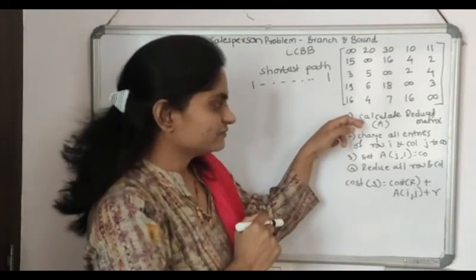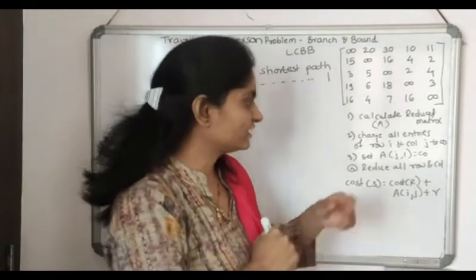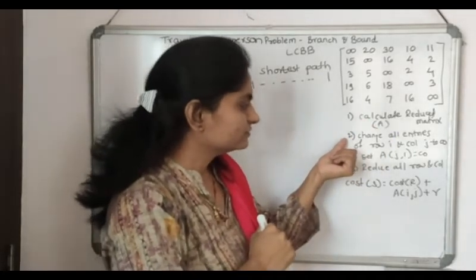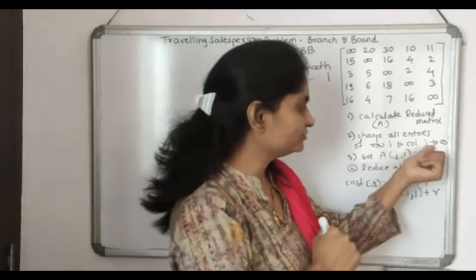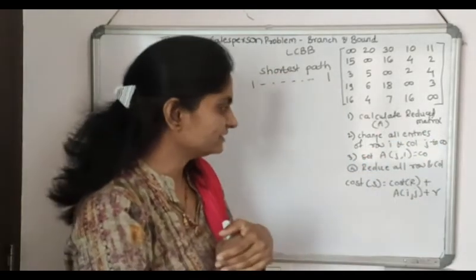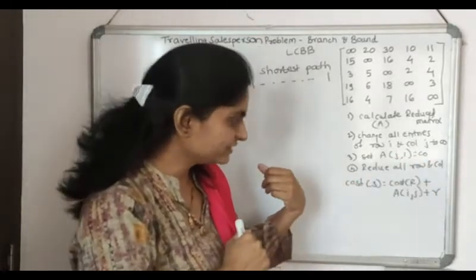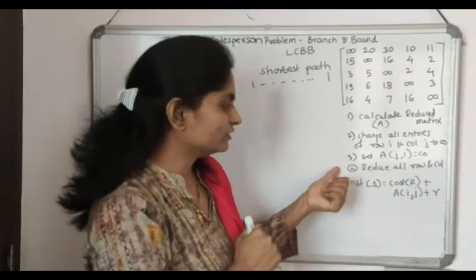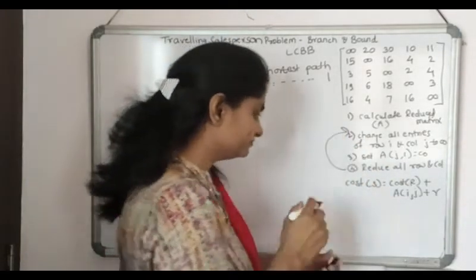In the first step, apply row and column reductions for calculating this A. Then second, choose one by one row i and column j and set all the entries to infinity. Then third, set A of j1 equal to infinity. And fourth, reduce again all rows and columns. Repeat this step again and again.